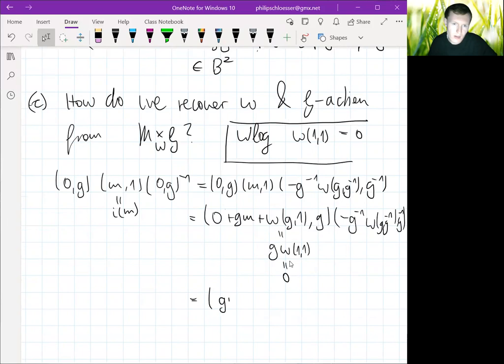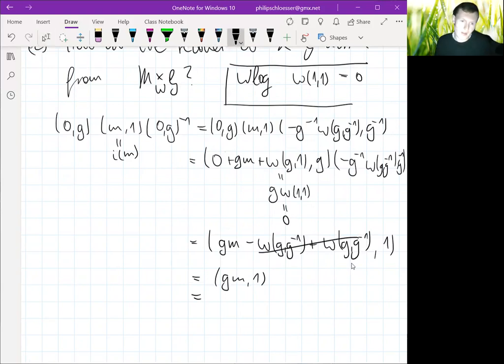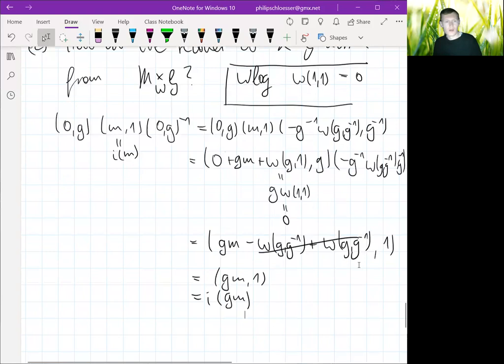So we have gm minus g multiplied by g inverse omega g inverse. And then we have plus omega g inverse, because we always have to include the cocycle, and then we have 1. So those two terms cancel out, and we have gm 1, or in other words, I of gm. So our g action is indeed realized by conjugation.